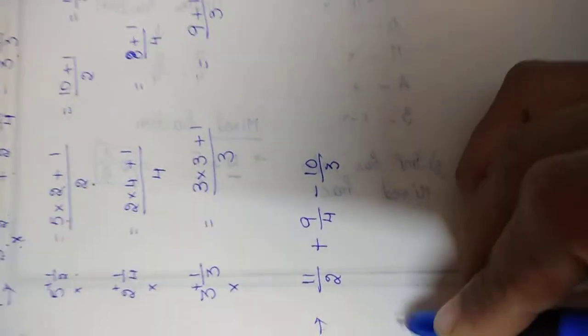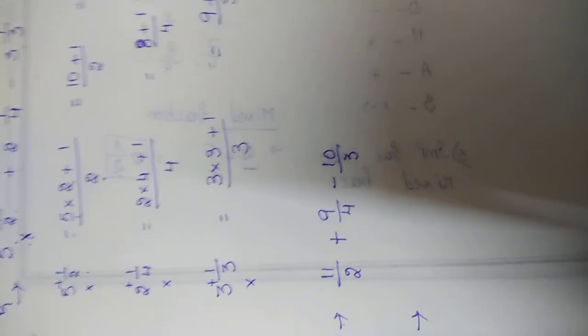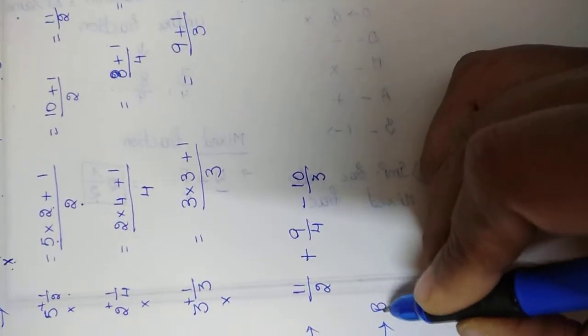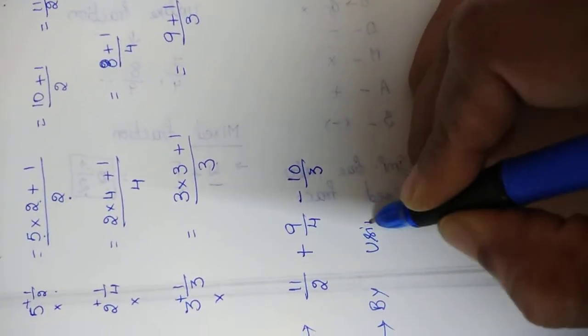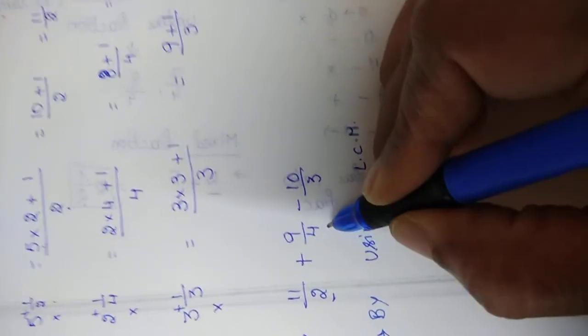Now what we said is that the second step is I have to change all these fractions into like fractions. So how can I change this into like fractions? Simple, by using LCM. LCM should be done only for the denominators. So here my denominators are 2, 4 and 3.